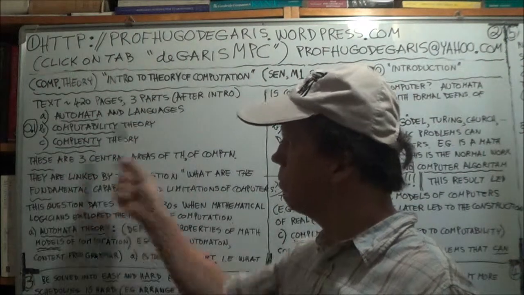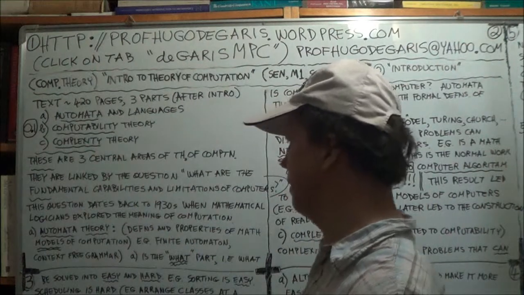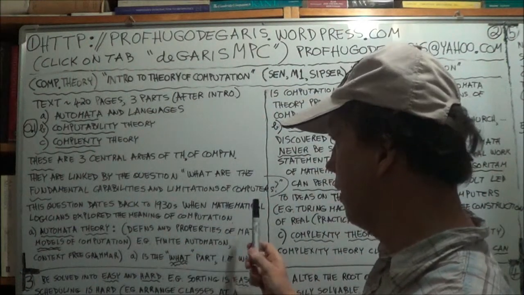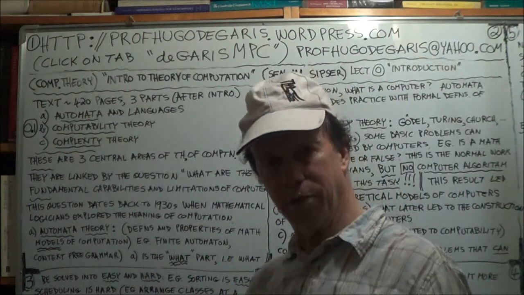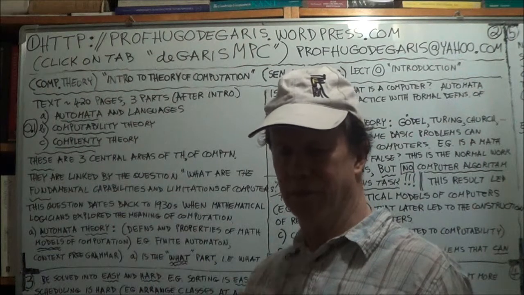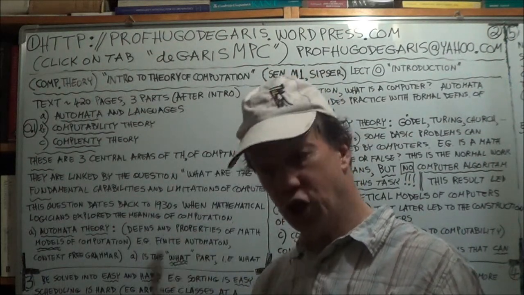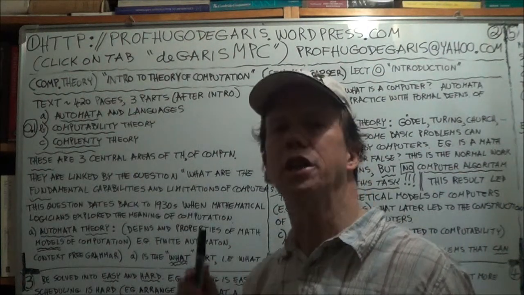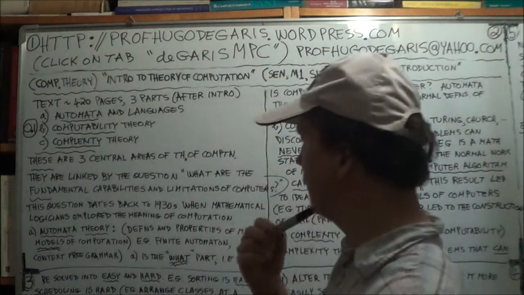So doing that kind of thing would be part of complexity theory. All right. Okay, so the 30s, when this really got going, people like, initially say Gödel, and later especially Turing, Church, Kleene, that's K-L-E-E-N-E, people like that.